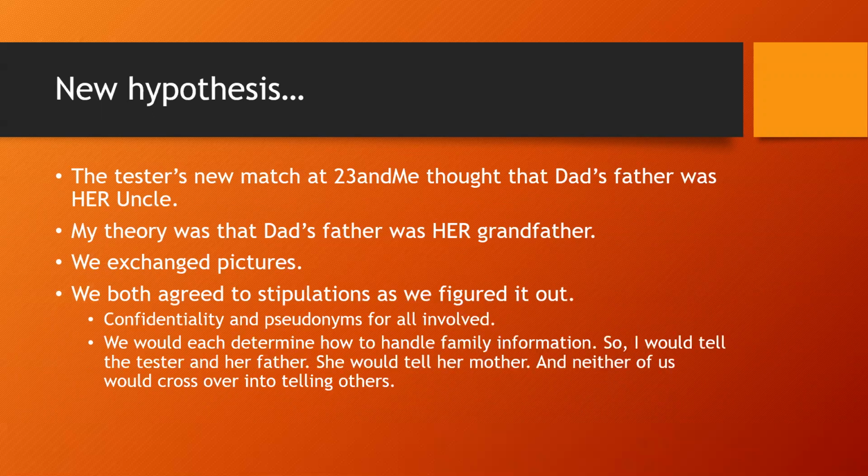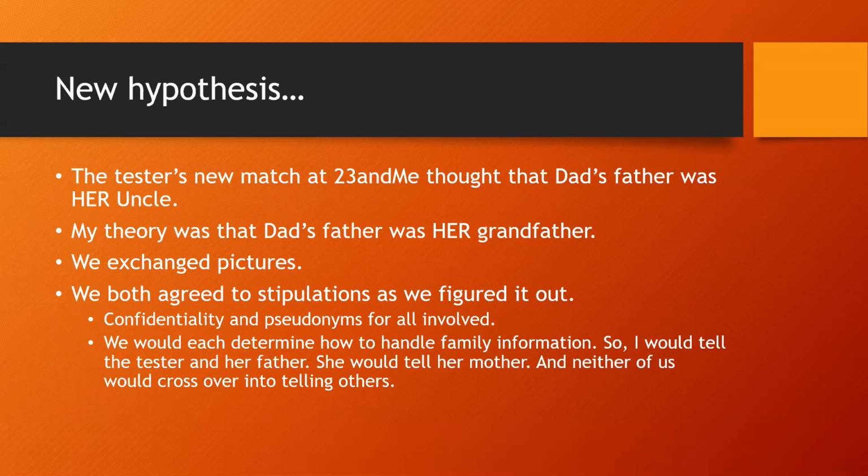We both agreed to some stipulations, and again, this goes back to ethics and privacy. We were going to use confidentiality and pseudonyms for everyone involved. As I was talking to her and she was talking to me, we agreed what we would keep to ourselves.